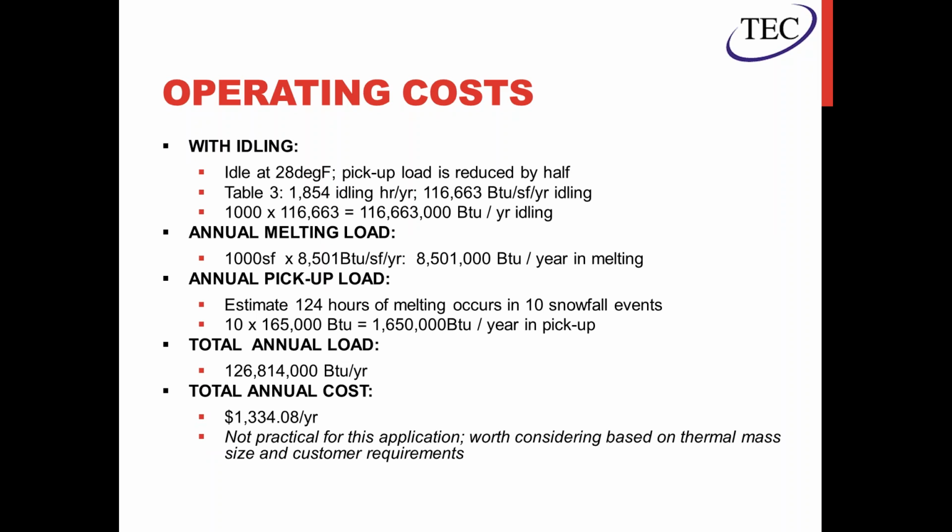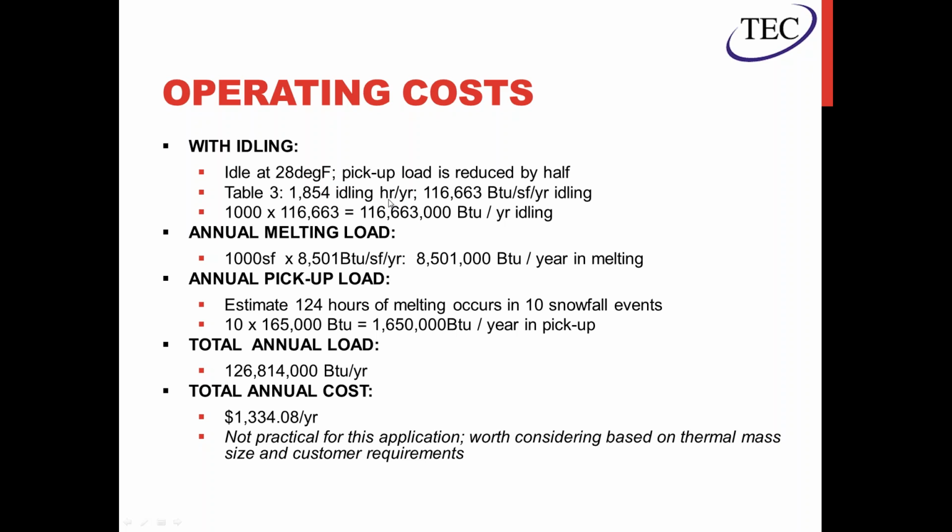Now with idling, if we had idled the slab at 28 degrees, that means our delta T from the surface temp to our starting temp is only 10, therefore cutting our pickup load in half. But if we go back to Table 3, it has additional loads tabulated for idling.